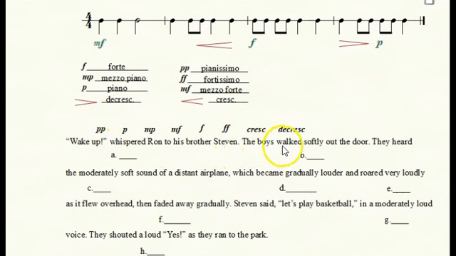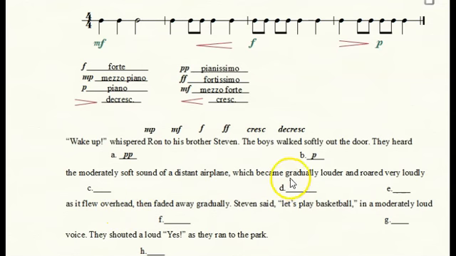"The boys walked softly out the door." Okay, I think it's safe to assume whispered will be pianissimo and softly will be piano. "They heard the moderately soft sound of a distant aeroplane, which became gradually louder and roared very loudly as it flew overhead."